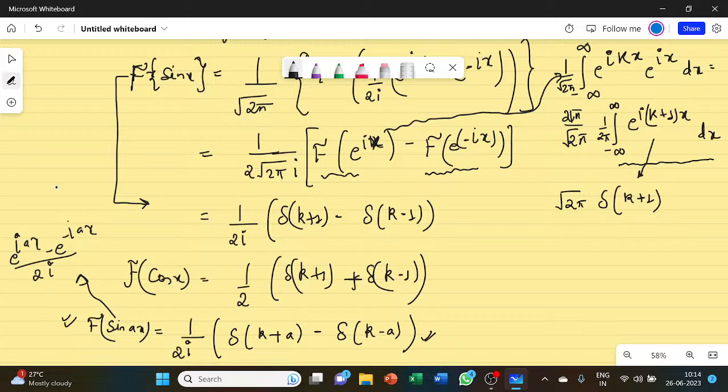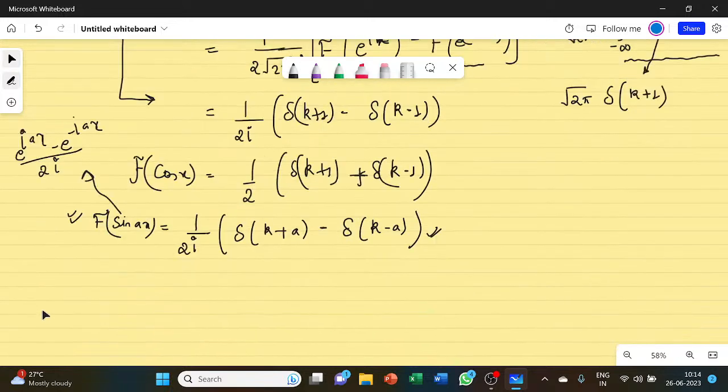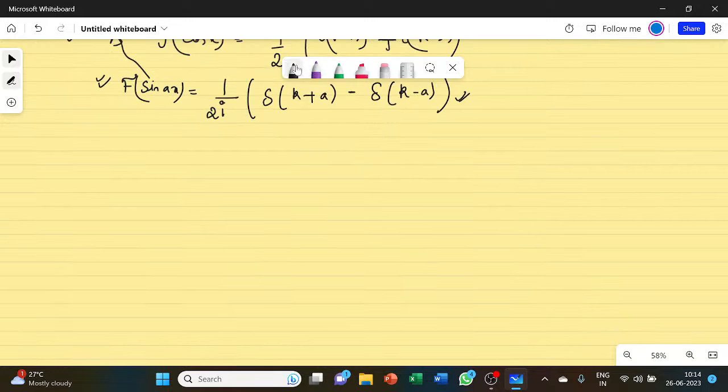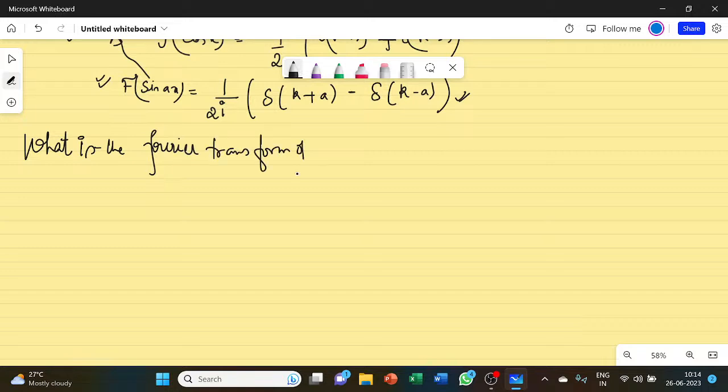Now, one of the important things that you will usually see in examinations is: what is the Fourier transform of e to the power minus a x, or e to the power minus modulus of x? Let us take the modulus case first. We want to find the Fourier transform of e to the power minus modulus of x.